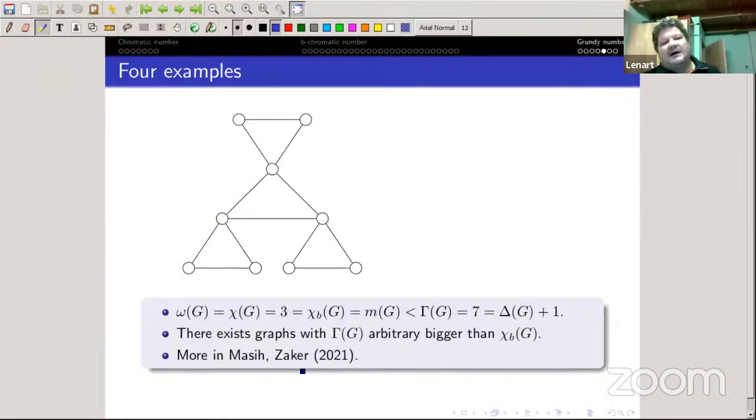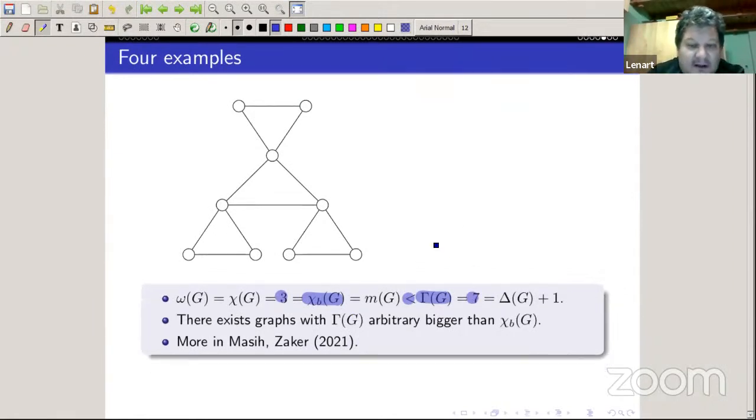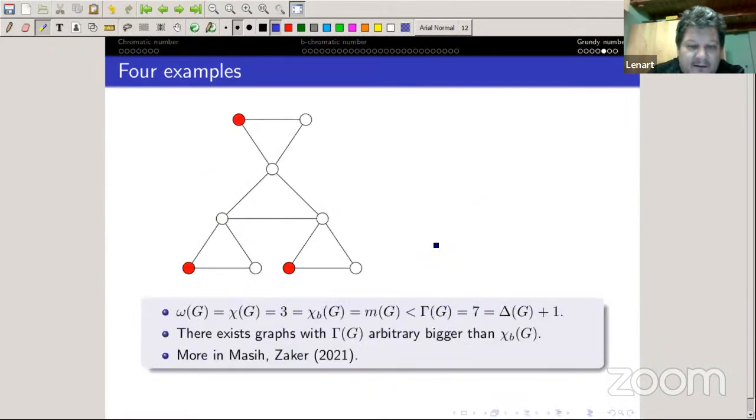And now an example where this happens. So we have strict inequality between gamma and b-chromatic number, which is 3 for this graph, and gamma is 7. So the difference is actually 4. If we take this sequence of colors, then it is easy to see that we need to have, okay, sorry, not 7.